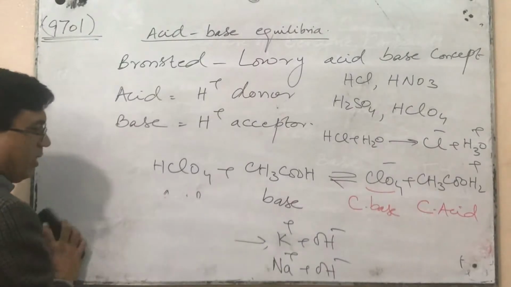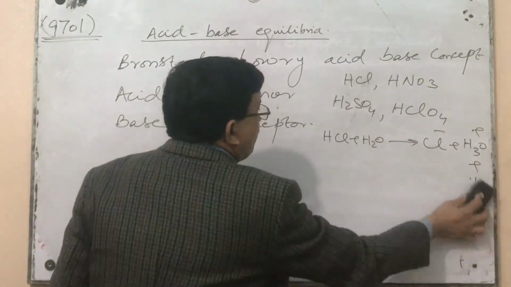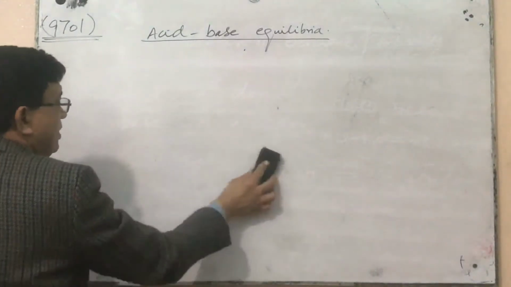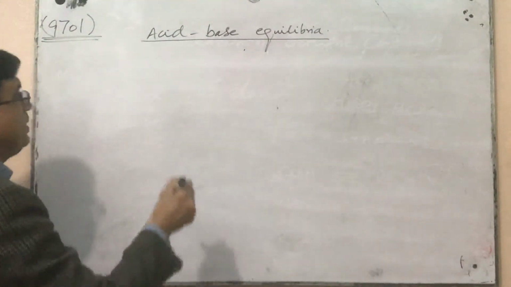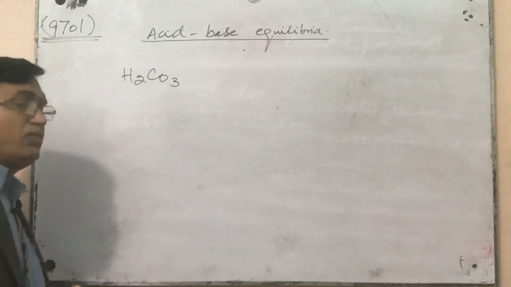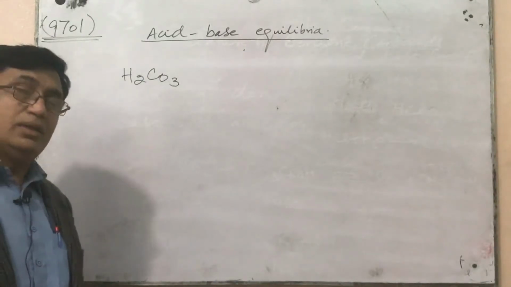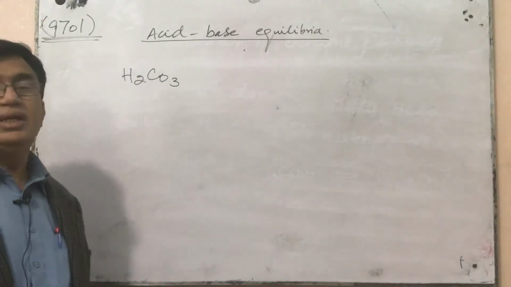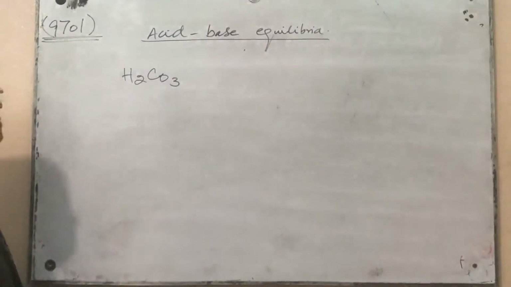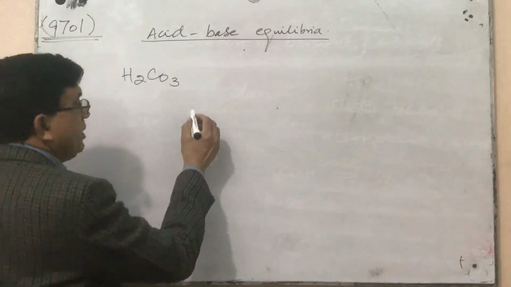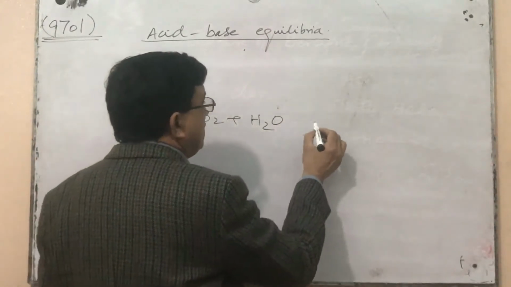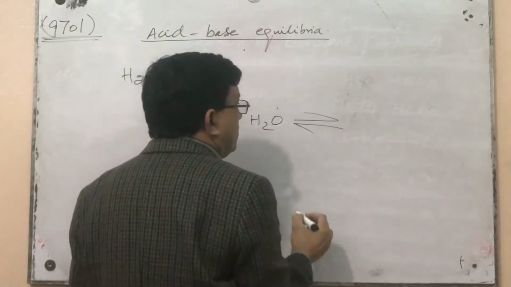But what happens when we use weak acid and weak bases? For example, we know that H2CO3 is a weak acid, but we never see a bottle of carbonic acid. Why? Because this acid is produced as a result of combination of carbon dioxide with water under high pressure, and it is formed.